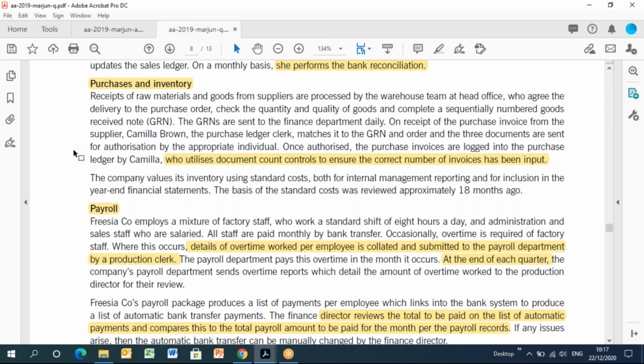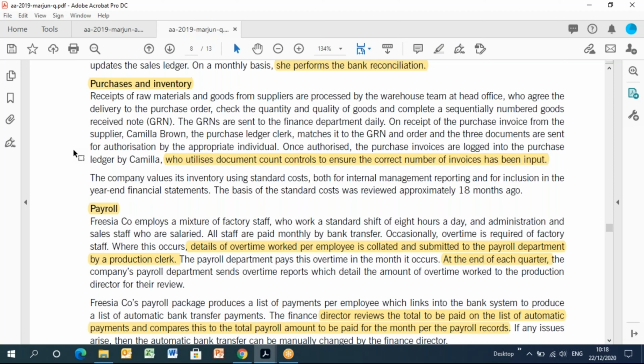Supplier invoices that she enters into the system are controlled by way of numbering, by way of how many documents have been entered. So if she has 10 invoices on her desk, she says I have 10 invoices here, I've entered 10 in the system. But this does not mean that the values, the amounts, are correct.